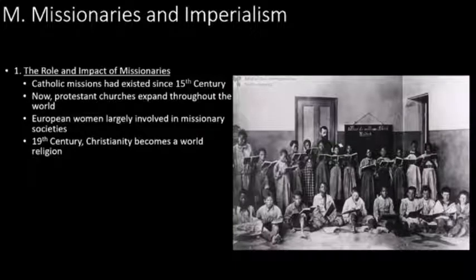The Middle East was largely Muslim. Africa was a mix between Muslim and also some Christianity, but mostly it was Islamic and tribal religions. Asia was Buddhist, Taoist, all manner of things. So Christianity hadn't really spread around the world, but now, because of imperialism, the religion of Christianity is going to become a world religion.